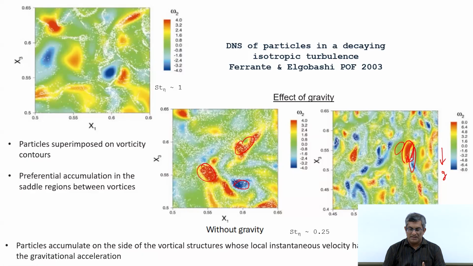The point here is that it is difficult to generalize any conclusions, and when we generalize we have to mention the conditions also. In the previous DNS simulations they did not consider gravity. Now with gravity, even with low Stokes number particles we see some preferential sweeping of the particles.